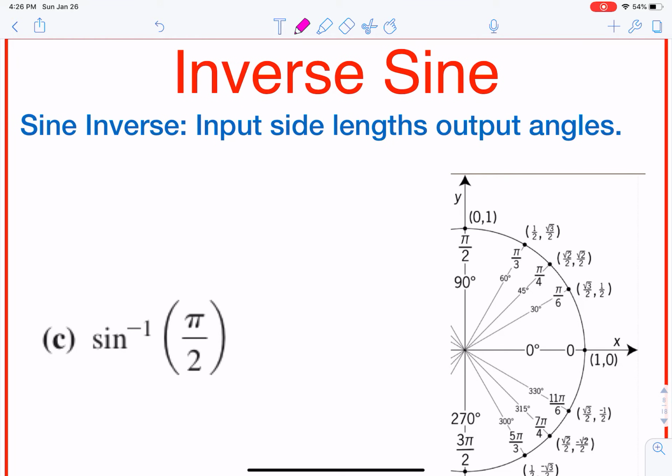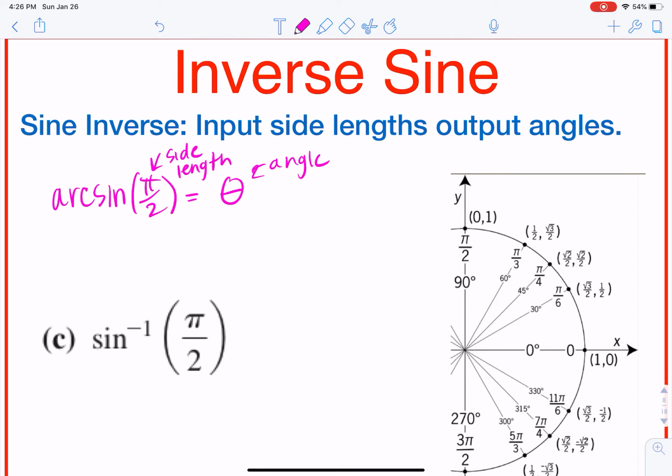So here's another example. So I can also write this as arc sine of pi over 2 is equal to, so remember this is a side length, and I want to output an angle. While thinking about the domain and the range of my arc sine, pi over 2 is going to be a value that's greater than 1, and it's also a value that's representative of an angle.